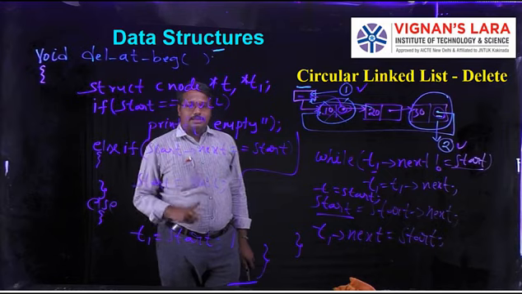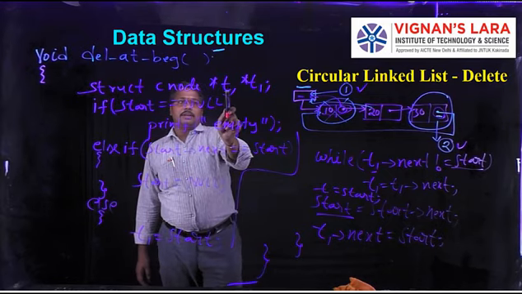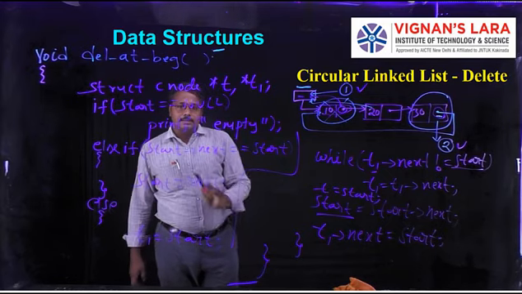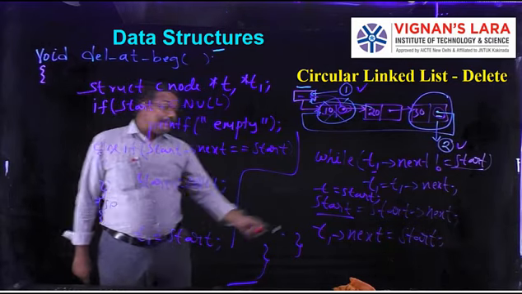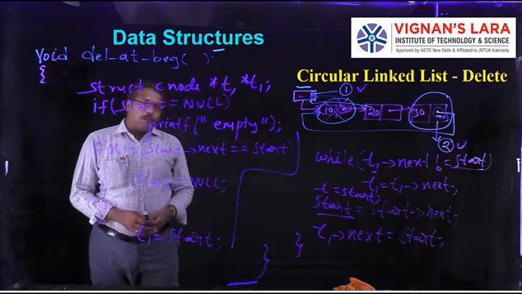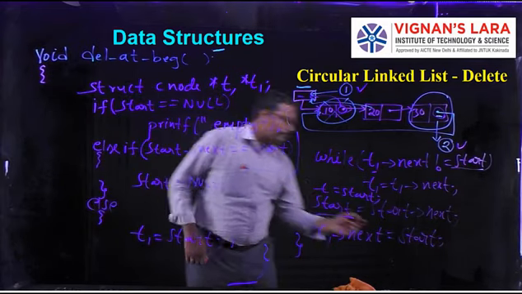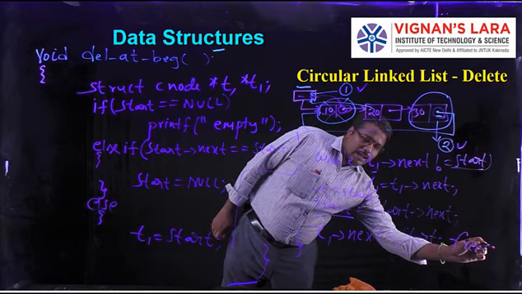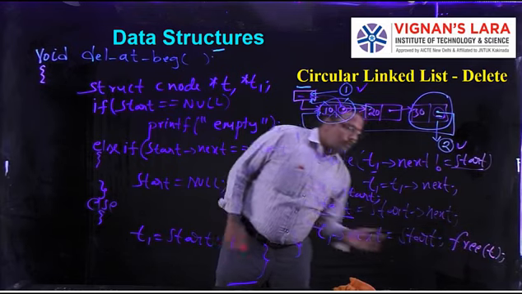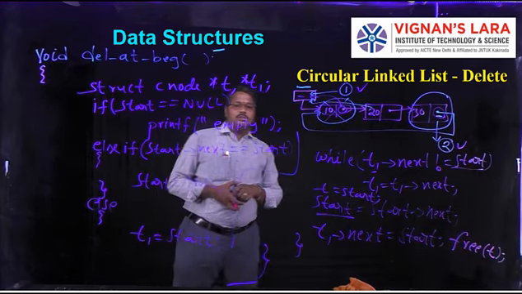So initially I am creating two different pointers. One pointer is used for deleted node address. Why I am saying deleted node address? For invoking free of t. What is the importance of free function?